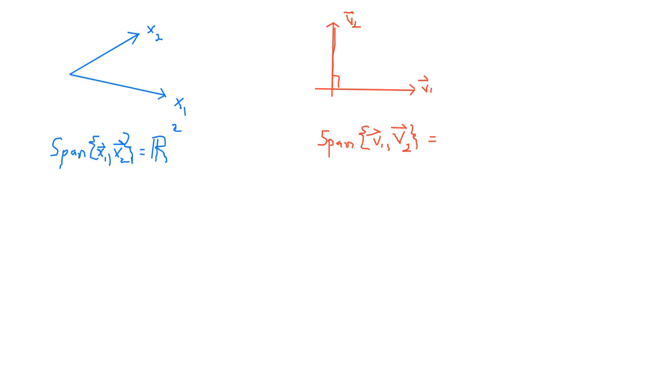What's the span of v1, v2 equal to? R2 as well. That's right, Solomon. We're in this two-dimensional whiteboard. So first, are there any questions on that? You have to let me know if you have questions.